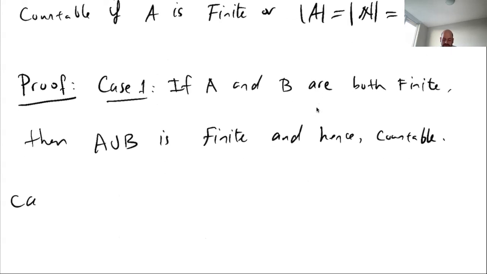Case two, a little bit more complicated, or less obvious. Not complicated, less obvious. One set is finite and one set is denumerable.